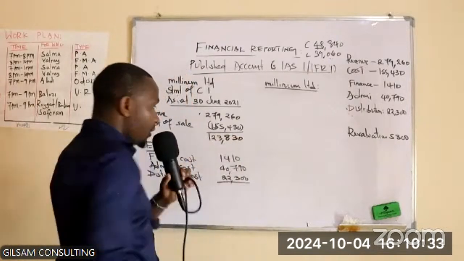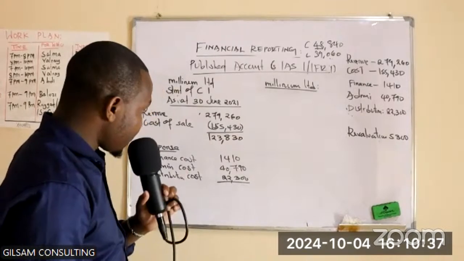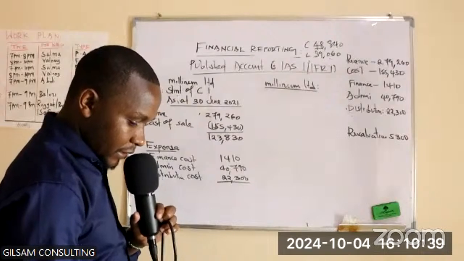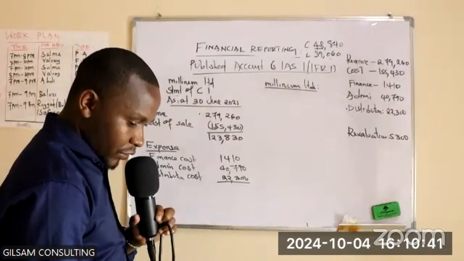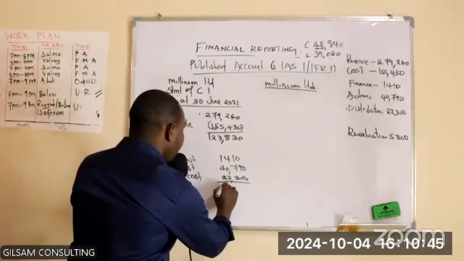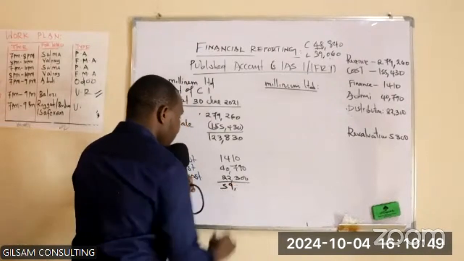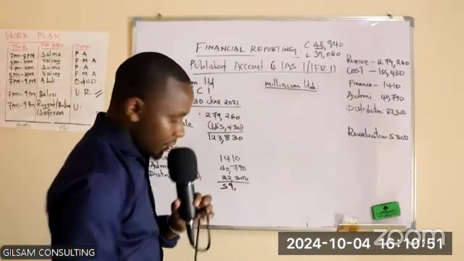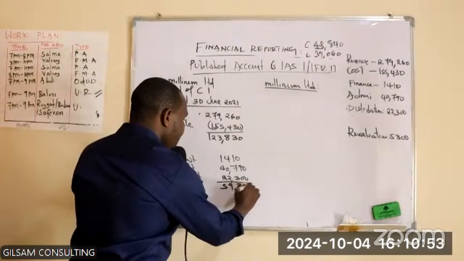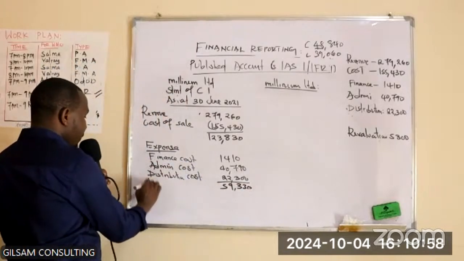We subtract all the expenses: minus 1,410, minus 40,790, minus 22,300, which gives us 59,330. So this is the profit before other profits.